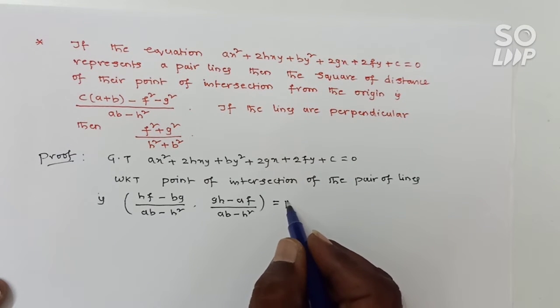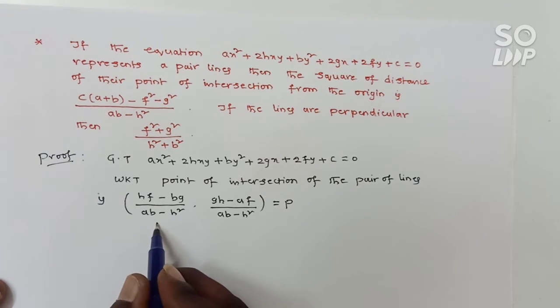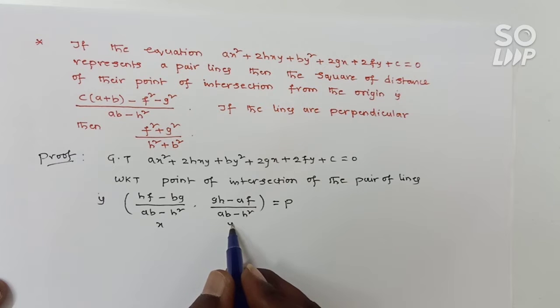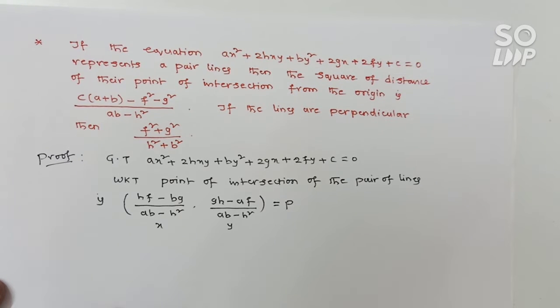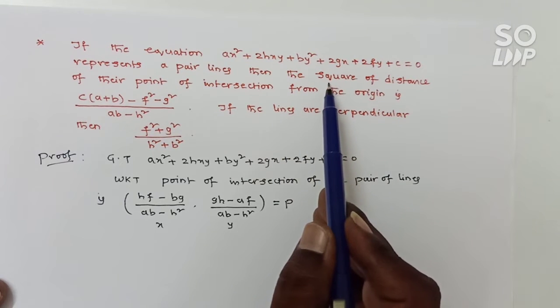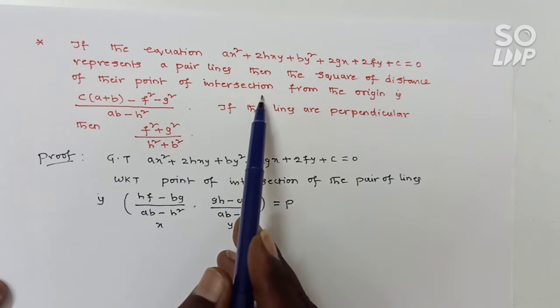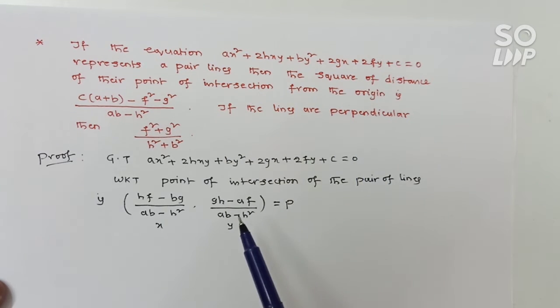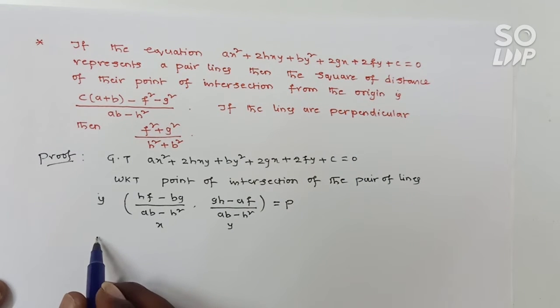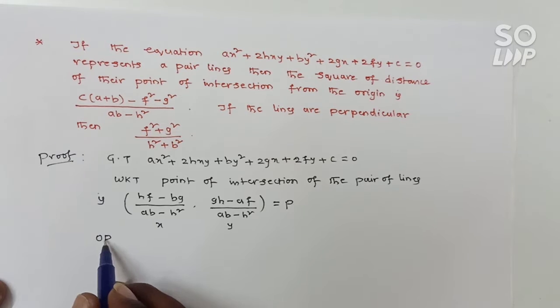Let us take this point as P, that is, x comma y. What is the required value? The square of the distance of their point of intersection from the origin. That means you have to find the distance from the origin to the point, OP.